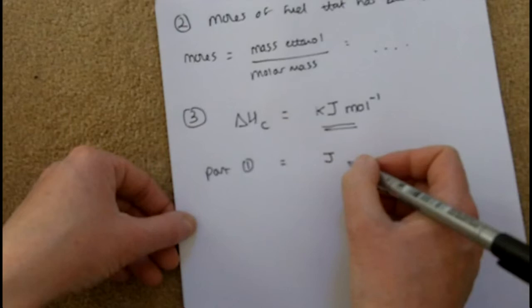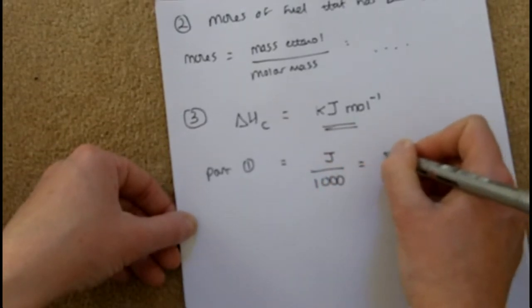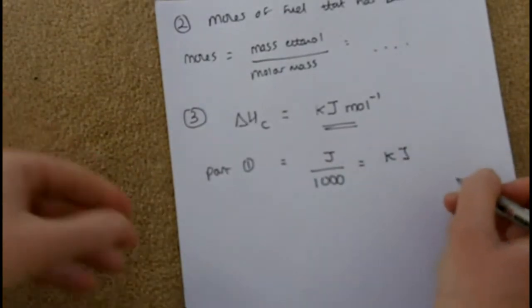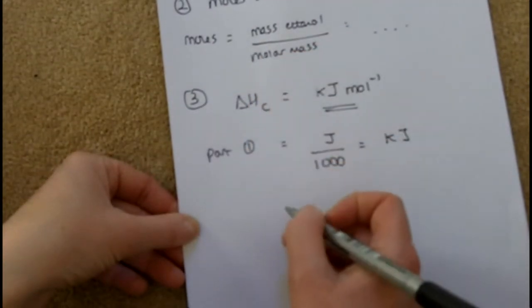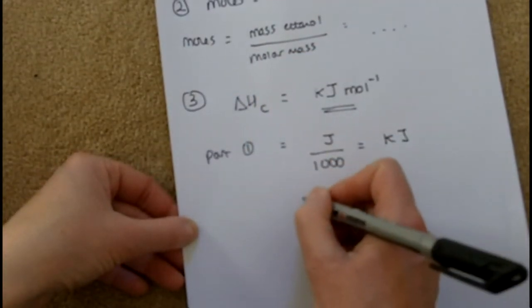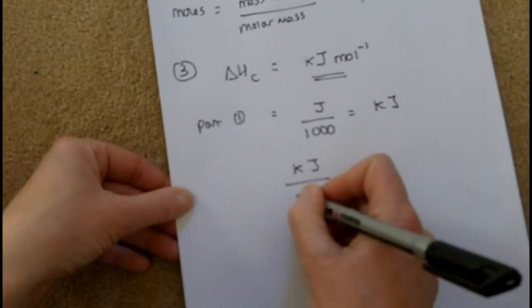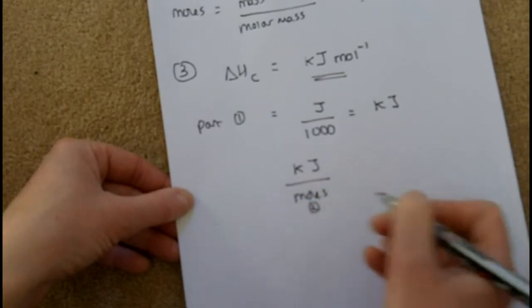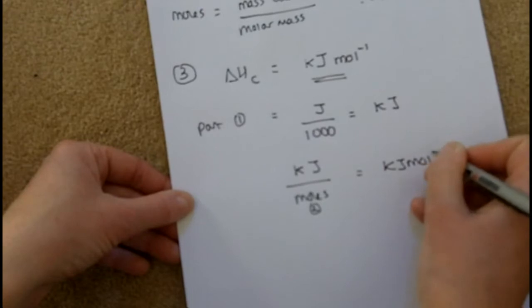The next thing you've got to do is divide it by 1,000 in order to get kilojoules. And then from part 2 we've got the moles. So you go kilojoules divided by the moles, which we got from part 2. And then you've got your answer in kilojoules per mole.